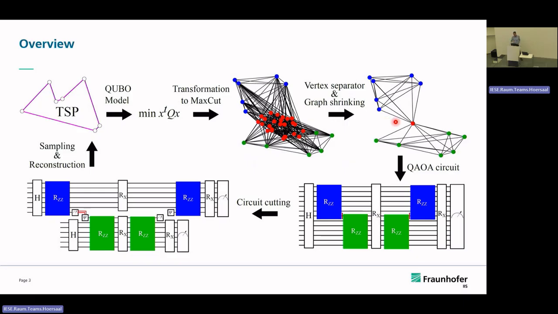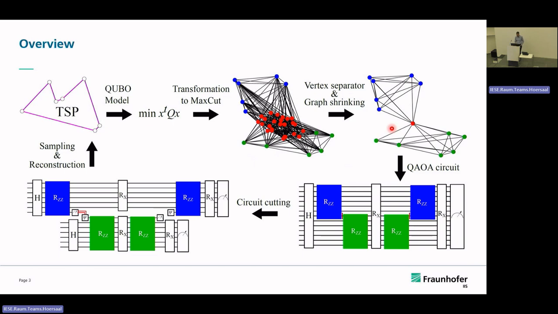And we do it in such a way that, you see here, the red point is what is called a vertex separator. If you remove that one, then the problem totally decomposes. And we do the technique, which is called graph shrinking, in such a way that in the end you have a graph that has a vertex separator of low cardinality. Okay?